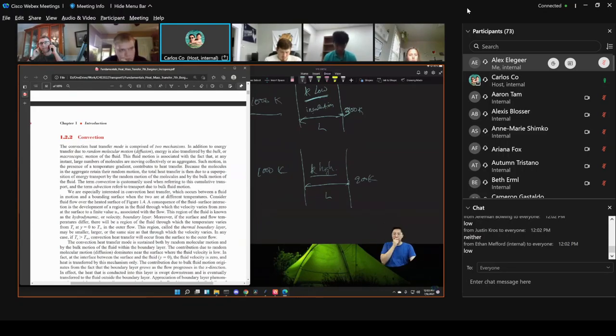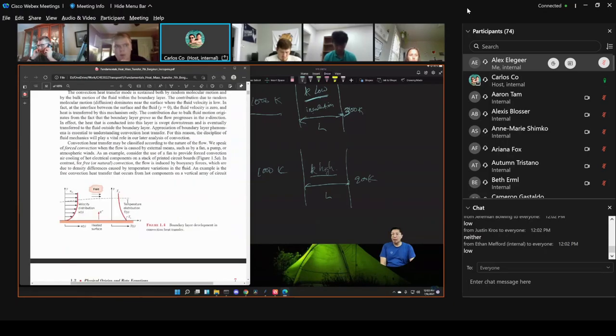The next topic here is this idea of convection. Now, convection is actually extremely complicated. When you have a surface here, what's going on? Right at the surface, the velocity of the fluid is zero.